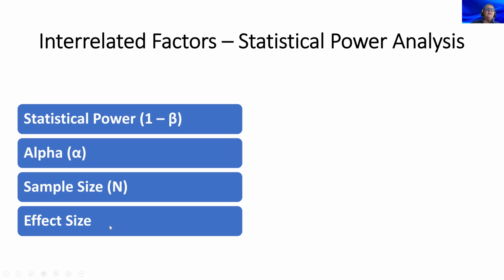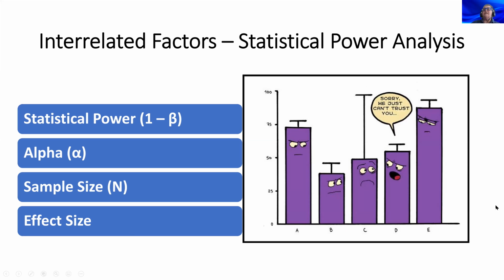We'll determine the lowest meaningful effect, and then we'll look at the relationship between power and sample size. We'll also consider what role variability plays in this whole process. If we have higher variability, that's going to impact sample size and the power. It will also impact our effect size.